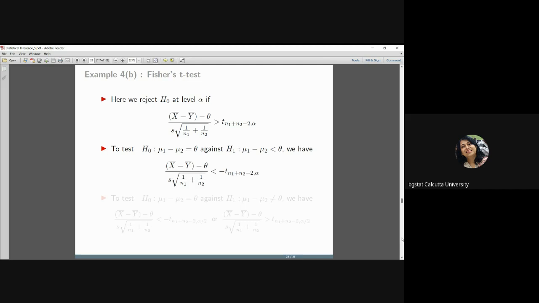And because the t distribution is symmetric like the normal distribution, we can also derive the left tail test for the case when sigma squared is unknown and we want to compare two means, or the two sided test. So I'm going to stop here for today.